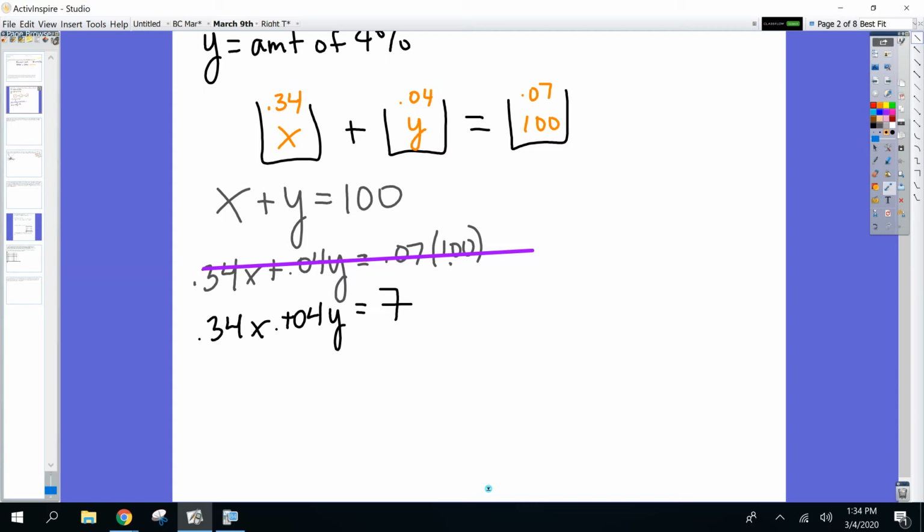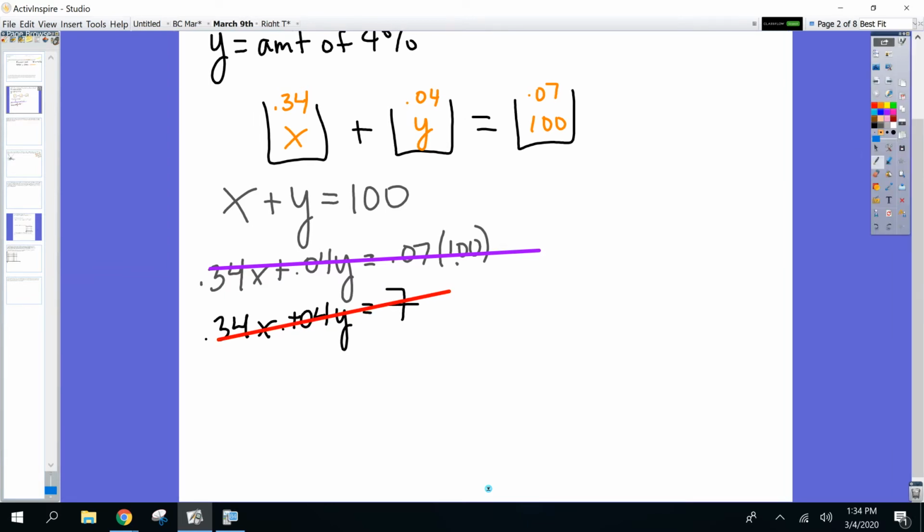So if you don't want decimals, go ahead, move the decimals over. Watch, ready? 34x plus 4y, but you better do it to everything. So not 0.07, but 7. If you guys like that better, use these 2 now. I don't care.